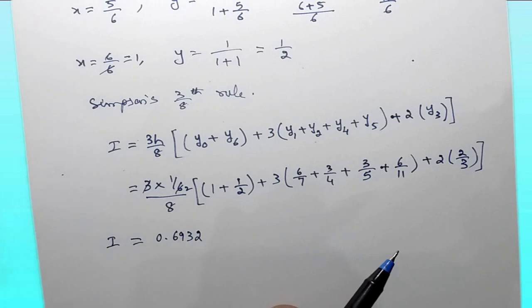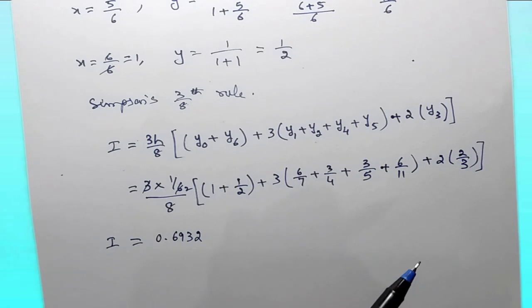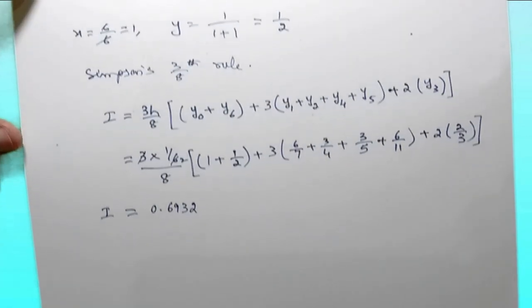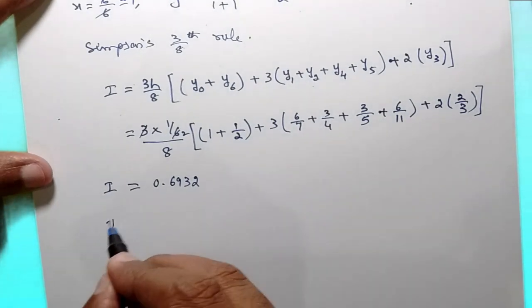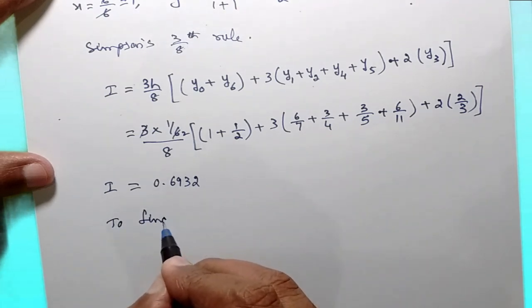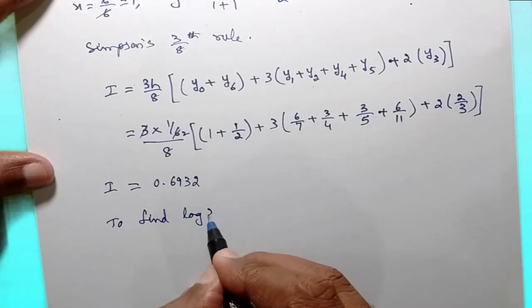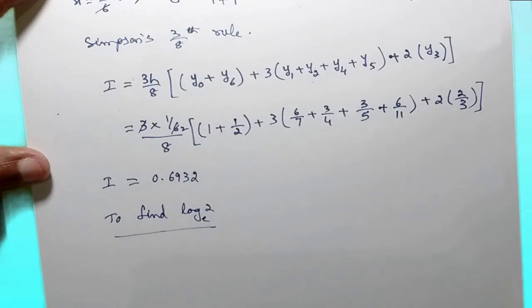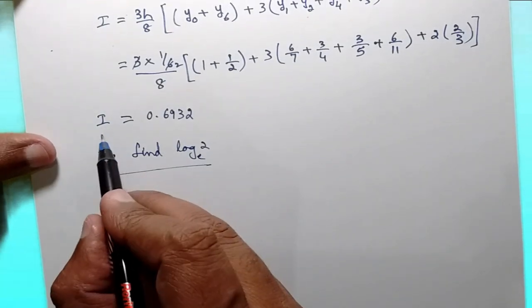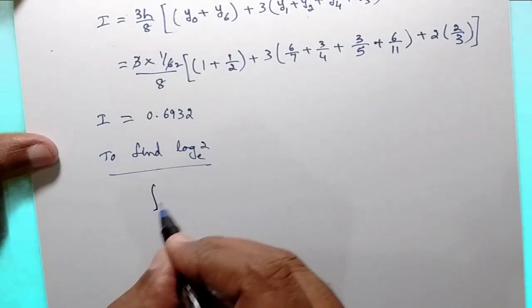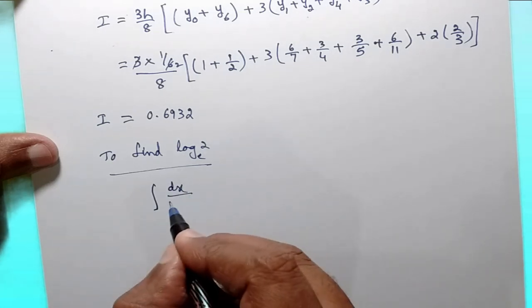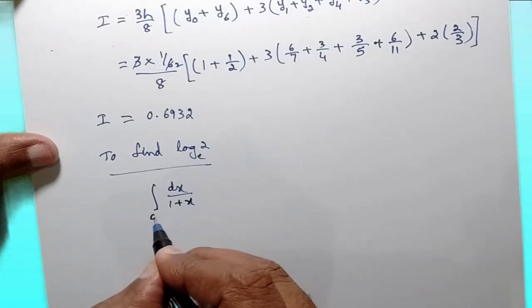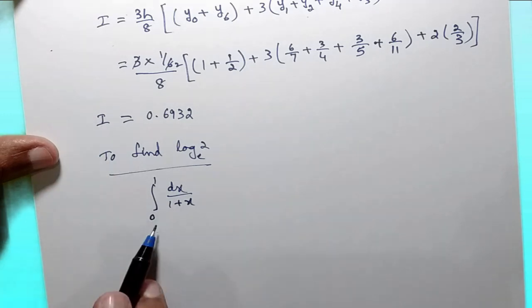But further he is asking us to evaluate the value of log of 2 to the base e. So therefore, to find out log 2 value, we'll use the integral value over here. So this I represents your integral value, integral of dx by 1 plus x. Limit values are from 0 to 1. So I value is this integral.